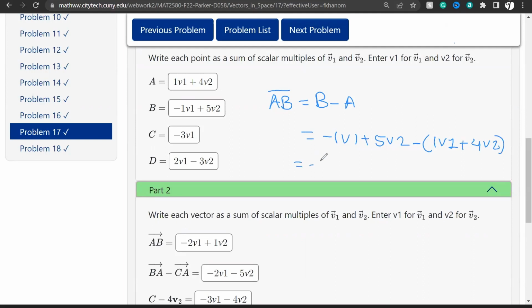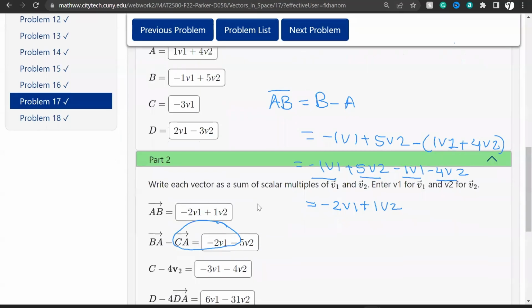If I get rid of the parentheses, plus 5 V2 minus 1 V1 minus 4 V2. Now the V1 terms combine to -2 V1, and then plus 5 V2 minus 4 V2 gives me +1 V2. So this is my answer for AB.